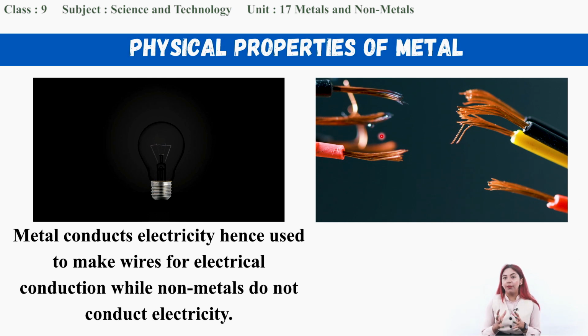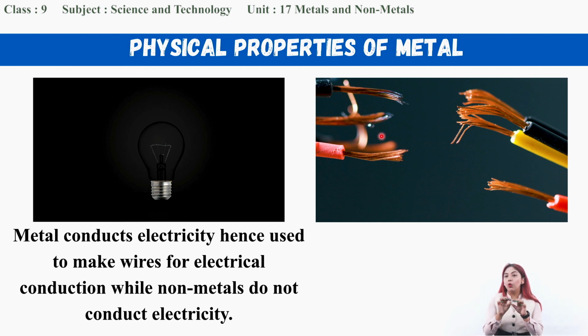Metals can conduct electricity because they contain a large number of free electrons, and due to the movement of those electrons, electricity can be conducted. So that's why metals such as copper are used to make wires so that we can conduct electricity from one point to another. Whereas non-metals do not conduct electricity.